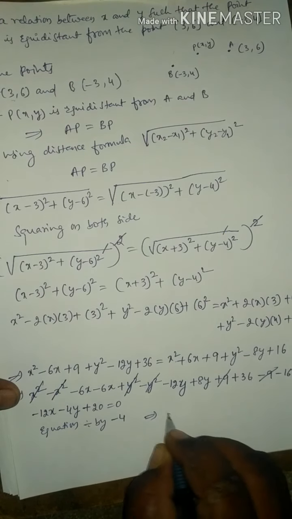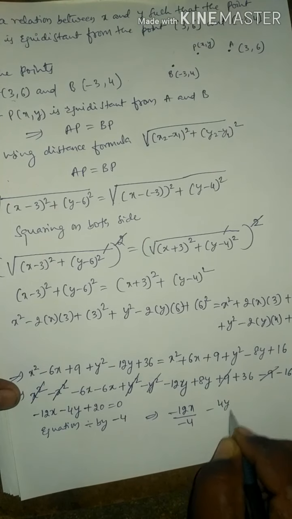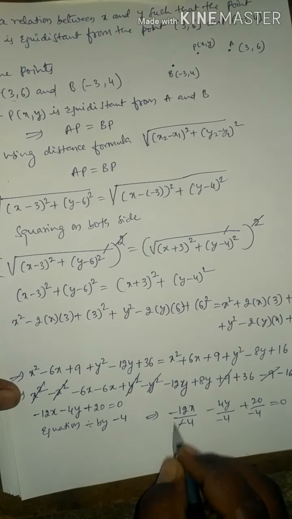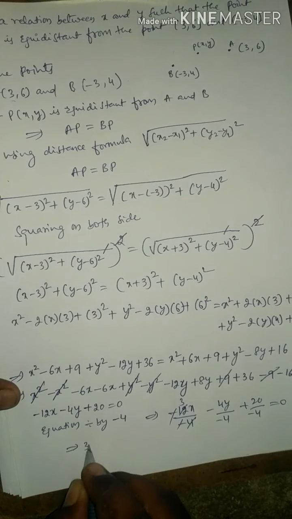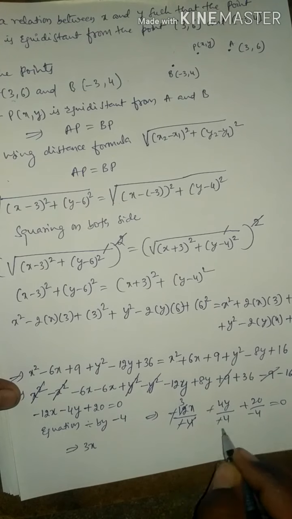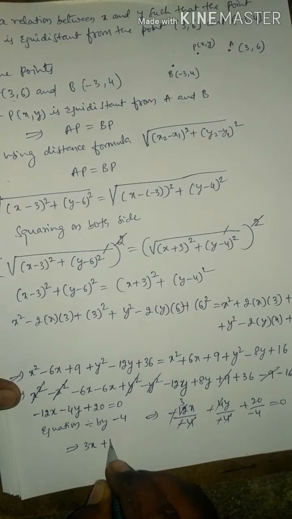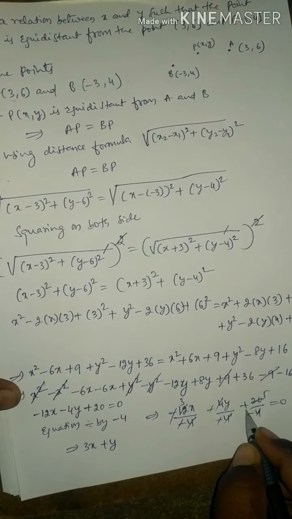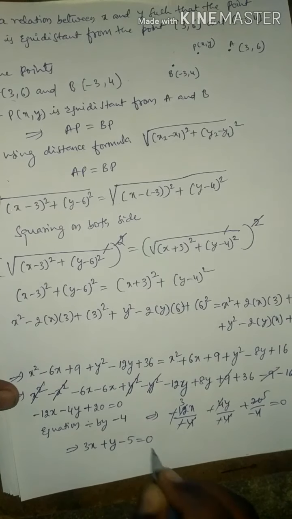Which implies minus 12x by minus 4, minus 4y by minus 4, plus 20 by minus 4, is equal to 0. Minus minus cancelled. 4 3s are 12, so 3x; minus minus cancelled, 4 1s are 4, plus y; plus 20 divided by minus 4 is minus 5. This is equal to 0.